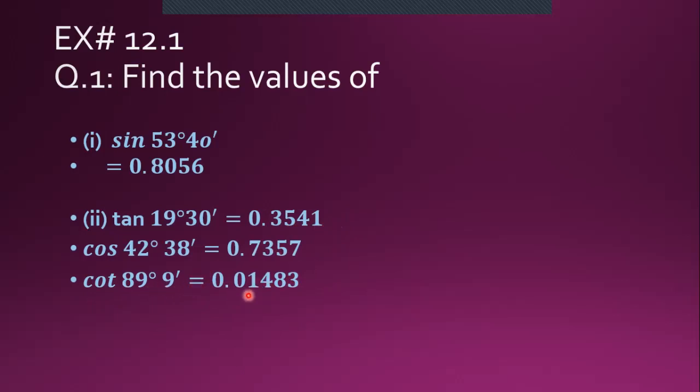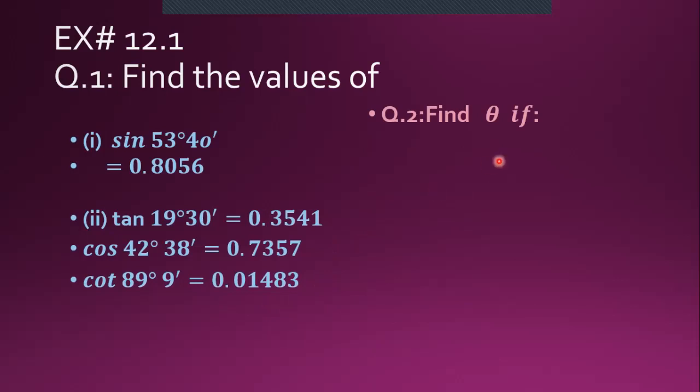In the previous book, this answer was wrong. You need to look at what the answer is in your book. However, it is the right answer I have written here. In the similar way, if you have been given any value and you are to find the angle, then that will be practiced in question number 2.